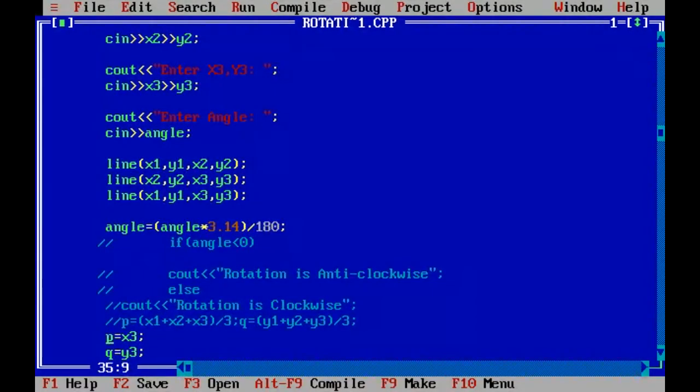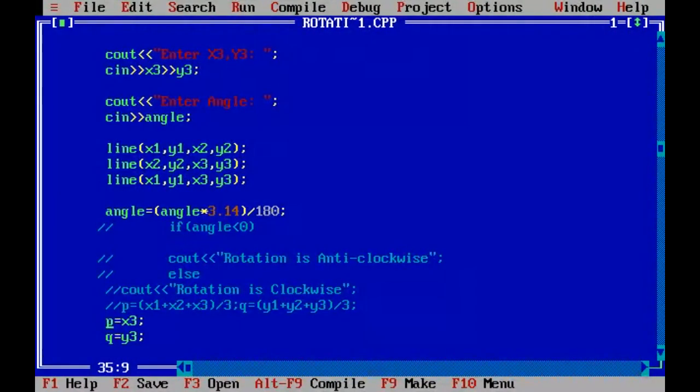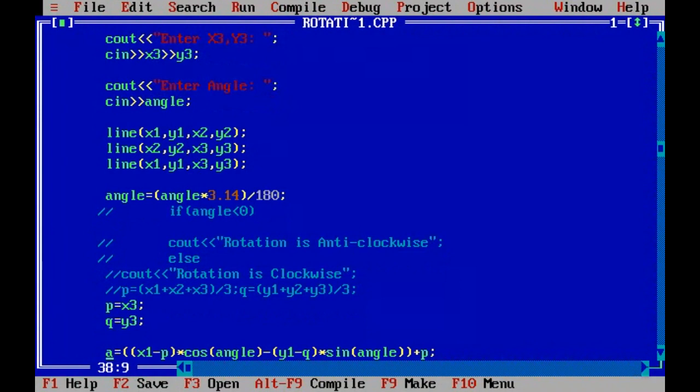Let's say the arbitrary point for rotation of a triangle is x3 and y3. I have taken the value of x3 and y3 as the arbitrary point P and Q. I have not taken any specific point from the user for P and Q. I simply take the x3 and y3 values that have been entered by the user for the triangle.